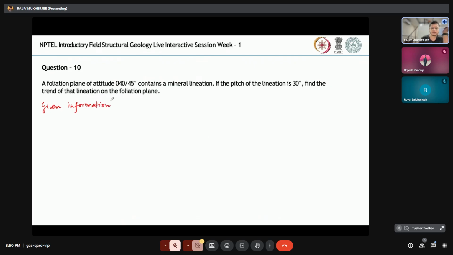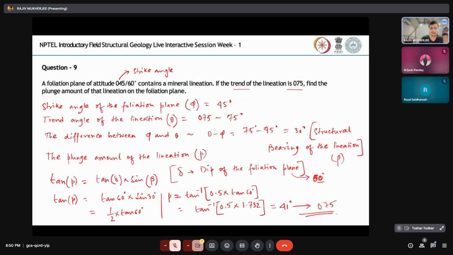Okay, so in the previous slide you should remember these trigonometric formula. These are very helpful for competitive examinations because these kind of questions are frequently occurring in all the geoscience examinations currently in India, and they ask these kind of basic questions. If you have remembered this formula for calculating the pitch, plunge, dip, strike, etc., you can get the full marks.